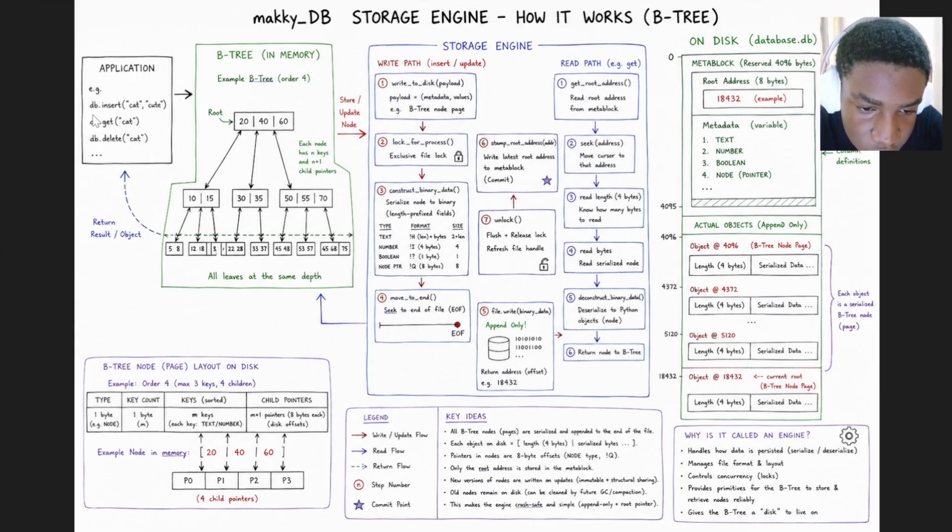We use db.insert cat. Then what will happen under the hood is that the program will call for the root address, which is here, and on disk I reserved 4096 bytes, which only store the metadata, for example, whether it's a text, a number, a boolean, or a null pointer, and also the root address, which is the location on disk where the binary tree data actually starts from.